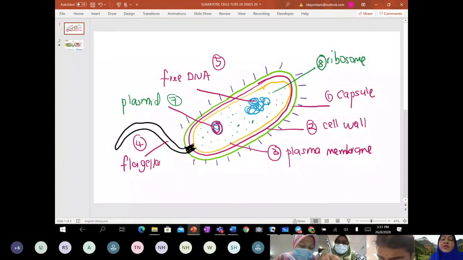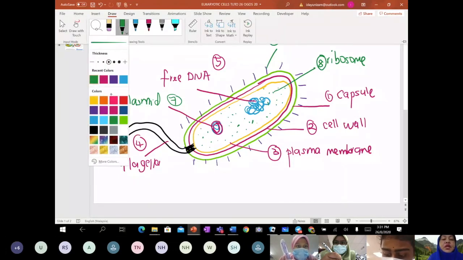And last but not least, as you all know, prokaryotes, for example bacteria, usually reproduce asexually. But when the condition is not good, they will use this structure that teacher labeled number 9, which is called fimbriae.